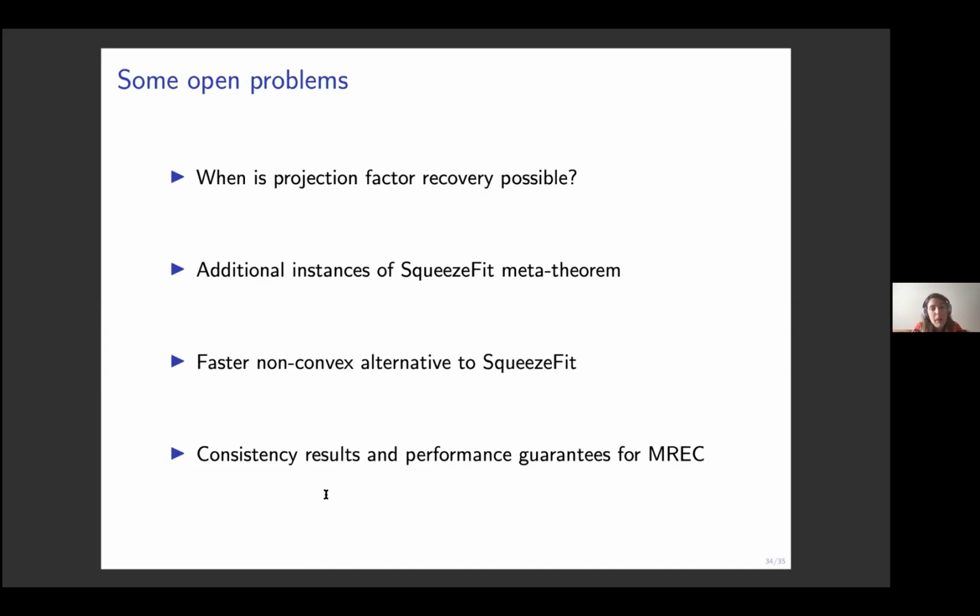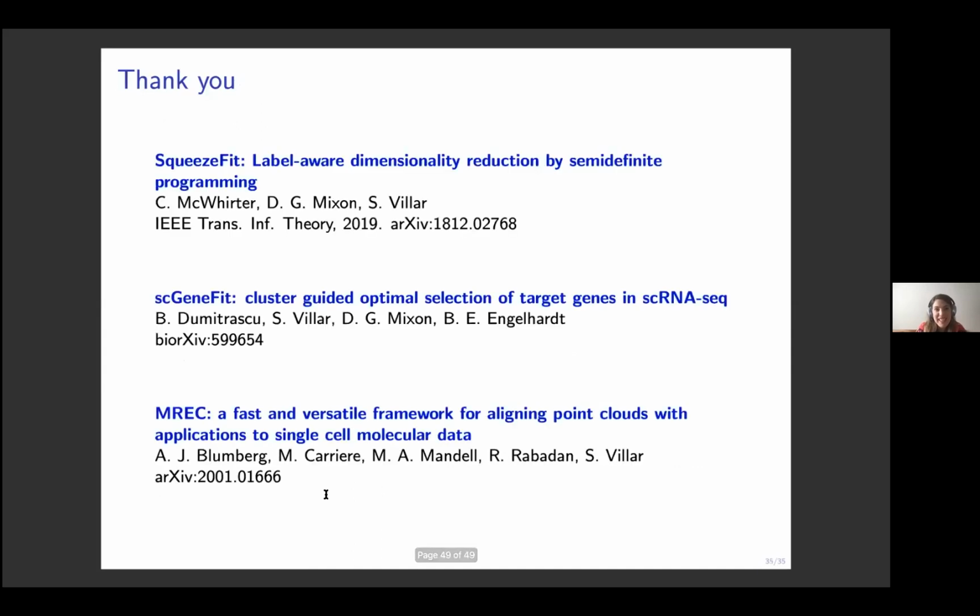However, there are non-convex approaches that one can use to accelerate these methods, or maybe one can exploit the structure of the semi-definite program to find another relaxation that is more efficient, and that's a possible direction of research. And of course, this consistency, like the performance guarantees for this recursive decomposition that I just talked about. So this is it.